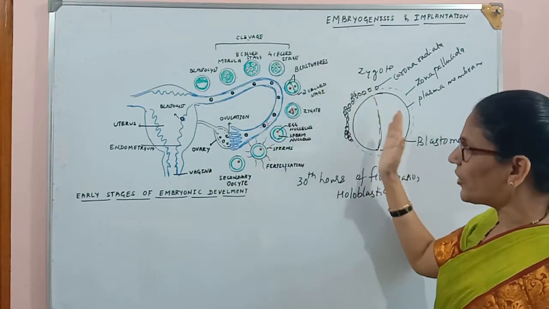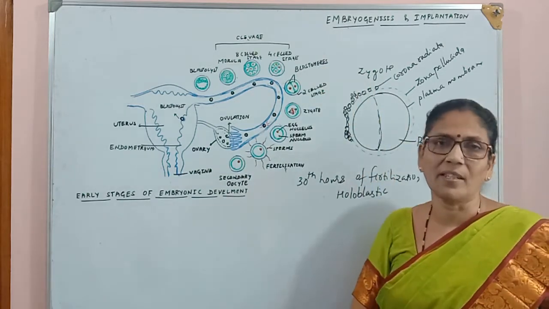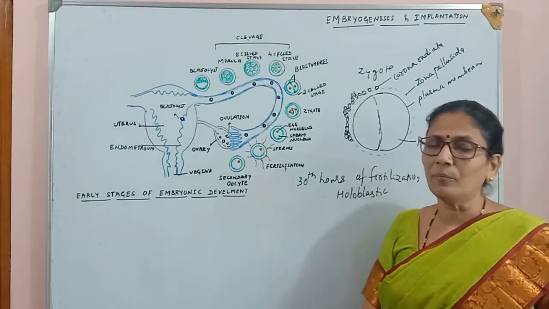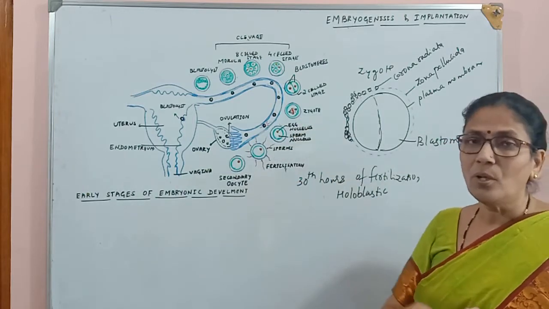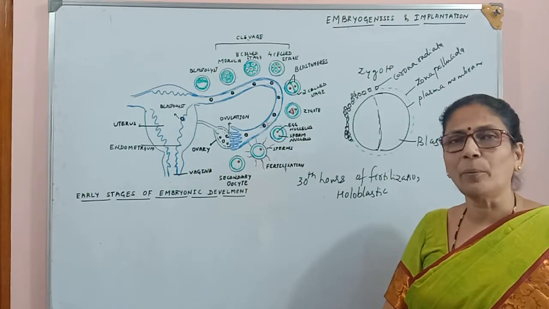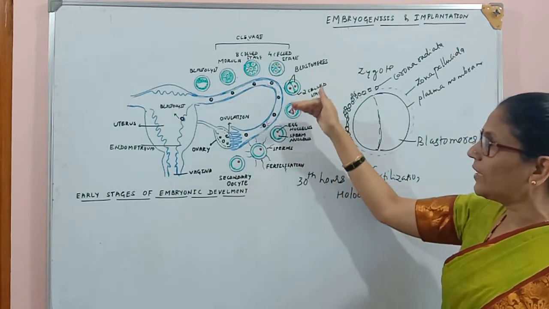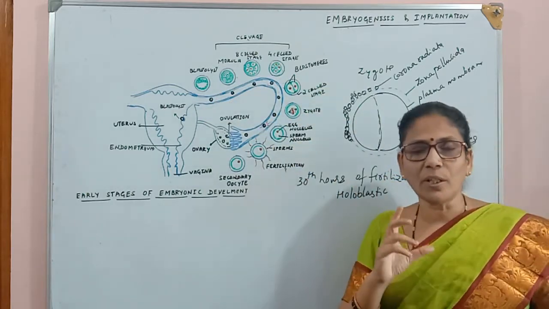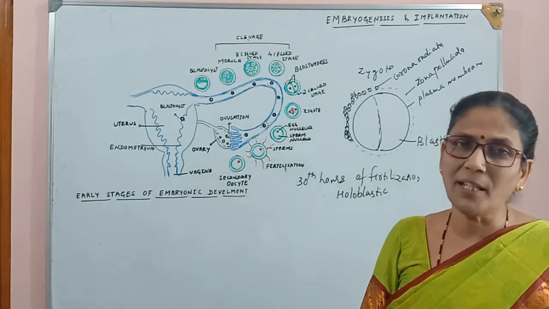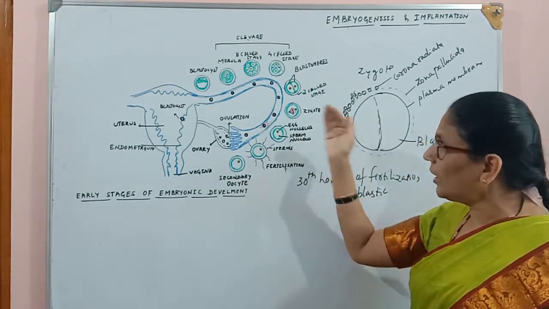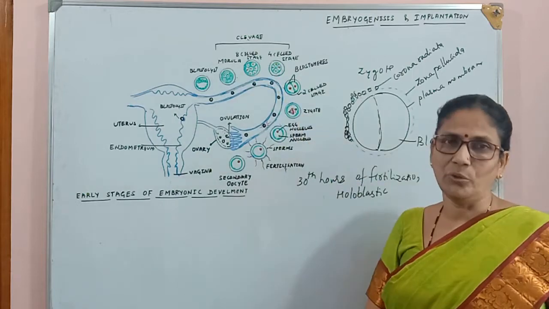As cleavage or cell division starts in the zygote, at the same time this early embryo is moving towards the deeper part of the fallopian tube, towards the uterus. So simultaneously the fertilized egg or zygote is moving towards the uterus.